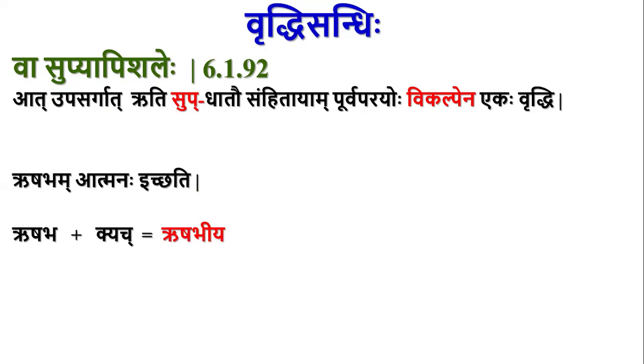Consider the example of Rushabham Atmanaha Ichchati, one who wishes a bull for himself. In that sense, kyach pratyaya is added to Rushabha. Then we get Rushabhiya. Rushabhiya is a kyach pratyayanta form. By sanadyanta dhatavaha, this Rushabhiya is a dhatu now.